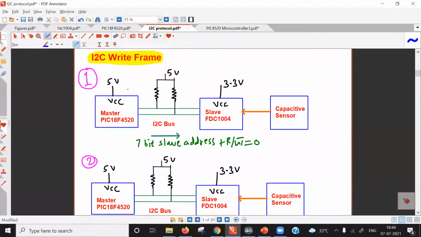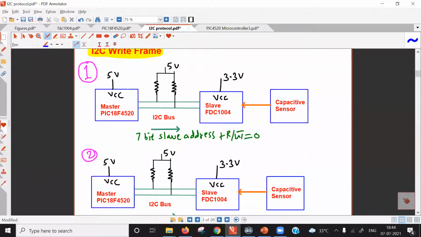So, the I2C write frame. Whenever you start writing data to the slave device, your first byte must contain the 7-bit slave address. This arrow indicates the direction of data flow. So this data is flowing from the master towards the slave device.